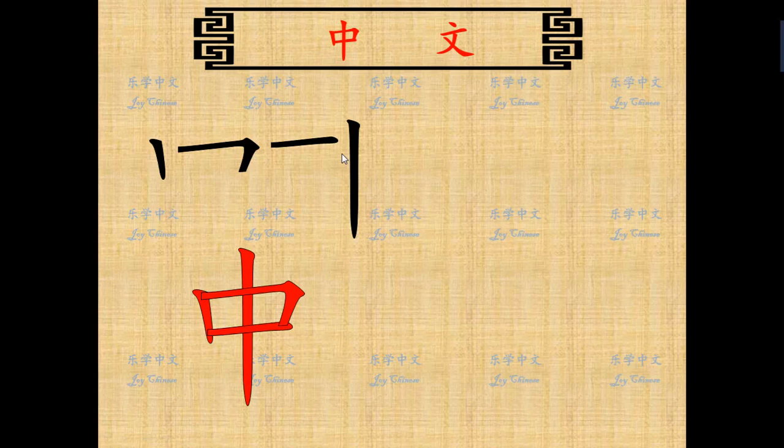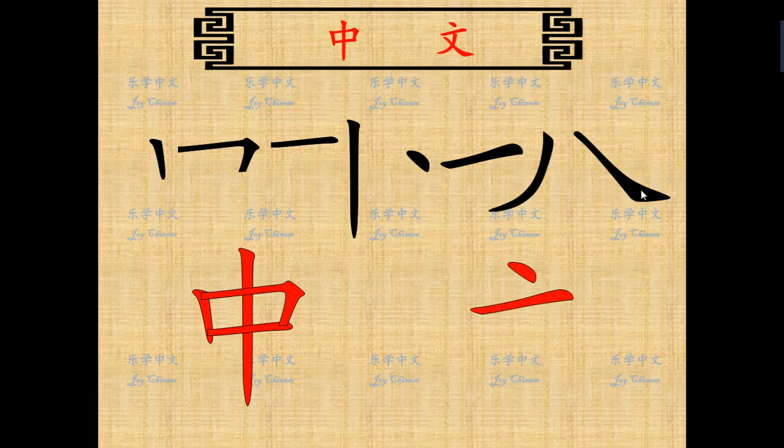Same for the next one, 文. The second character has 4 strokes too. It's a dot, a horizontal stroke, and a cross shape. And the way of writing is: dot, horizontal stroke, and the cross.